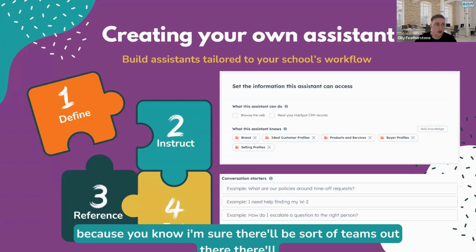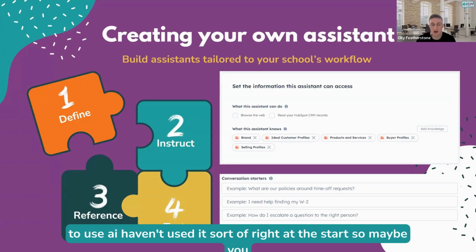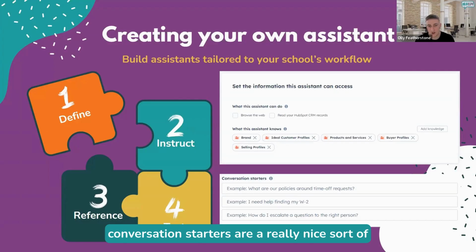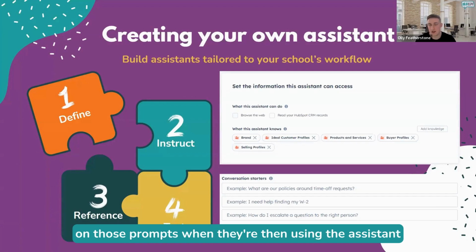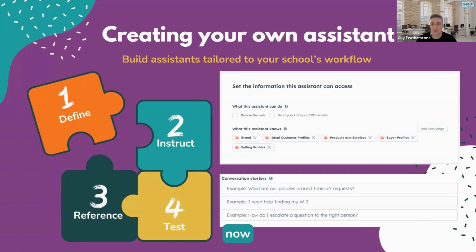Because I'm sure there'll be teams and individuals out there that are maybe a little bit apprehensive about starting to use AI, haven't used it right at the start, so maybe you feel like you've been left behind a little bit as well. So those conversation starters are a really nice idea for any of those team members. They can literally click on those prompts when they're using the assistant, and it will just do that action. So if they've got 2 or 3 things they need the assistant for, you can include those as your conversation starters, as your prompts.